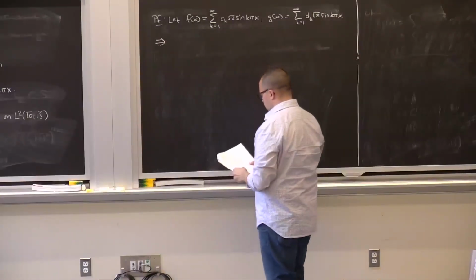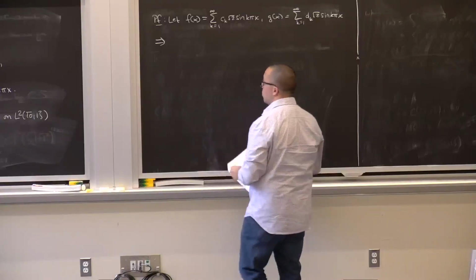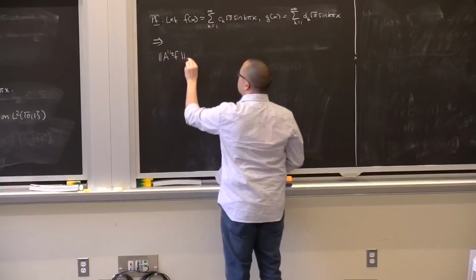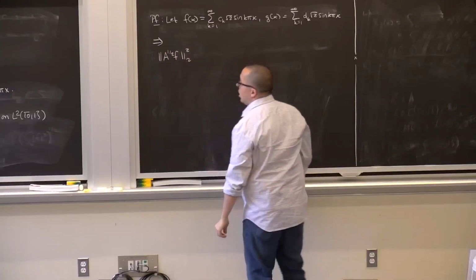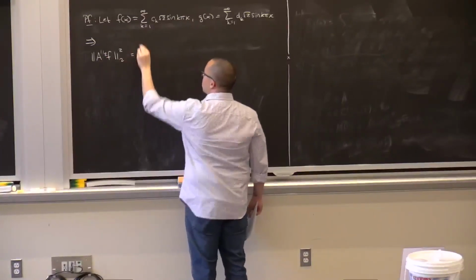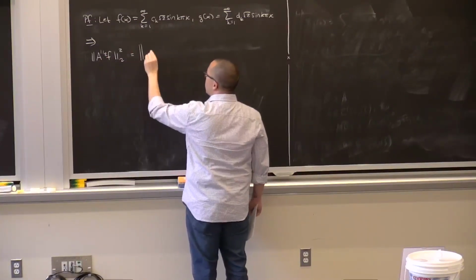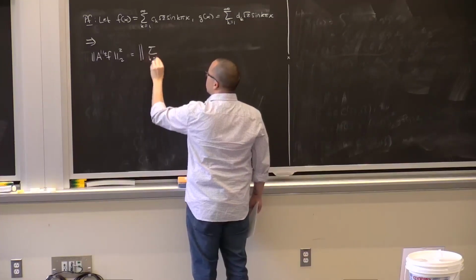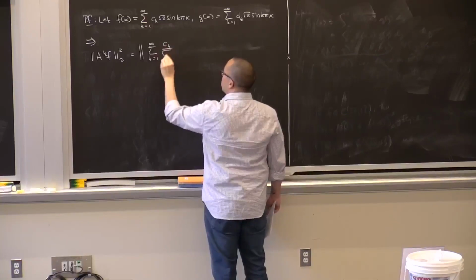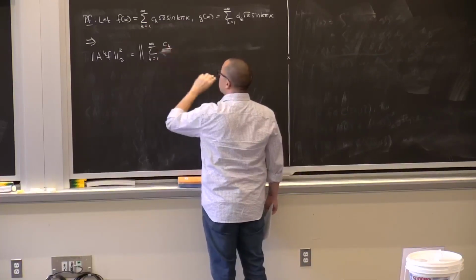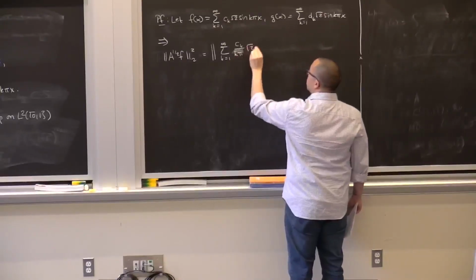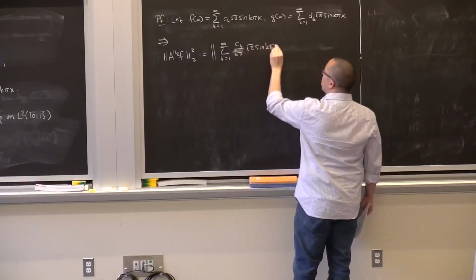Okay, so the first thing I would like to show is that this operator is bounded. It's a linear operator, so I want the L2 norm squared of A to the 1/2 f. This is the L2 norm squared of the function with coefficients given by ck over k pi, times square root of 2 sine k pi x.